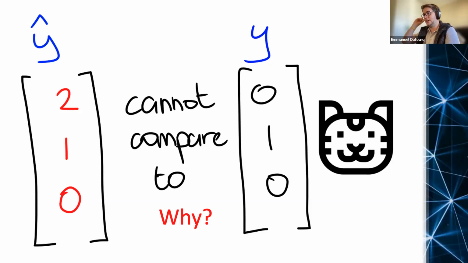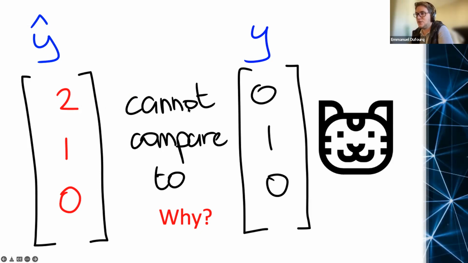So we would say 2 plus 1 minus 1. But what if instead the network output minus 2? So now we're saying minus 2, minus 0, and then we take the absolute value. So you can easily run into a problem where comparing these values just doesn't make any sense.